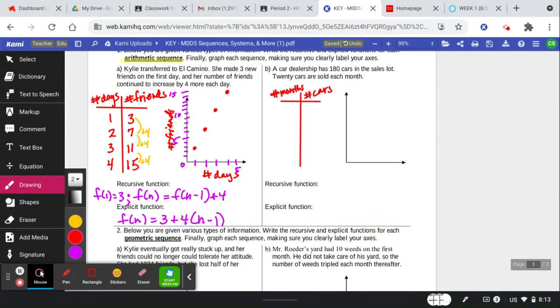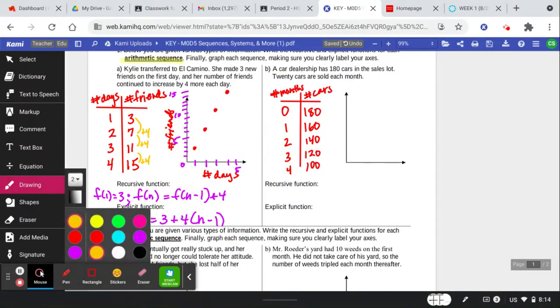When it just says that a car dealership has 180, it's like saying at the beginning there were 180 cars in the lot. So this is actually going to be a time 0 function. So it's going down by 20 each time. And so that means right here we're going minus 20.